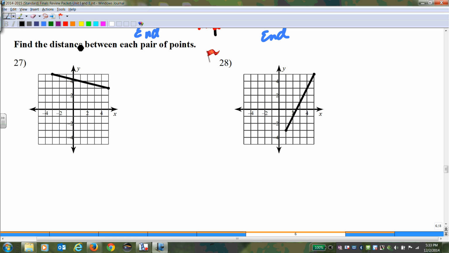Okay, it says find the distance. Most important thing for you to do with distance is you make a template. And that's distance equals, and your template looks like this. Always get in the habit of making a template. Now let's get your coordinates.